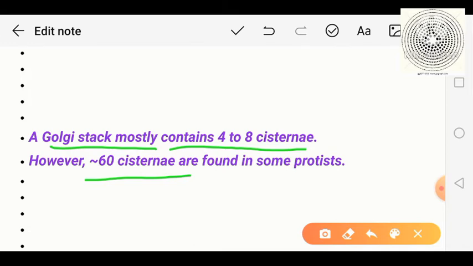So the number of cisternae may vary from cell to cell. It depends on the function of the cell and what kind of material is synthesized in that particular cell. According to that, the number of cisternae varies.